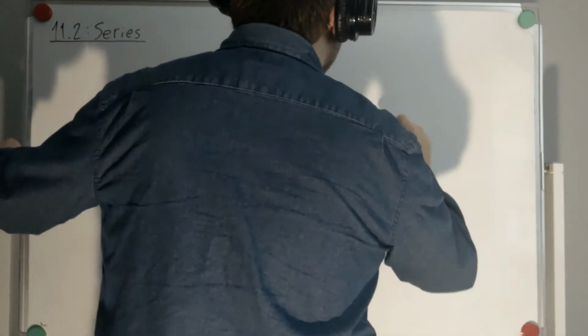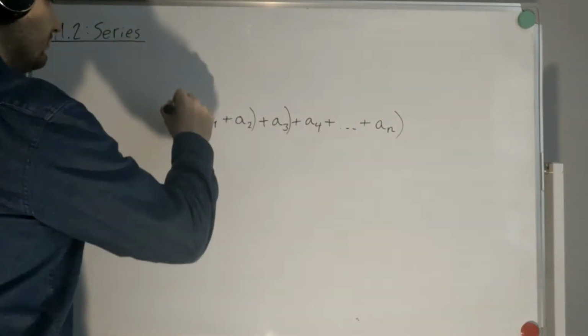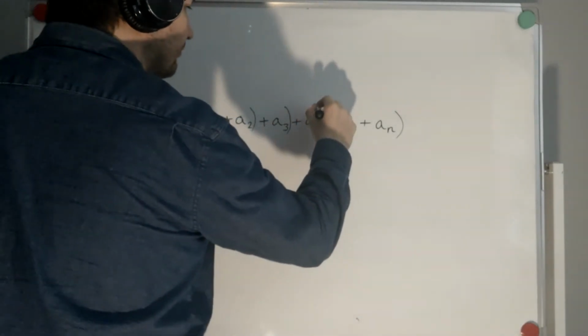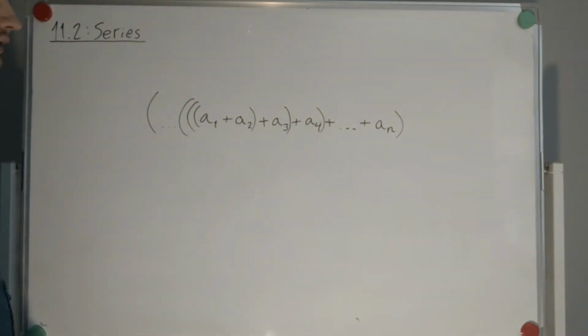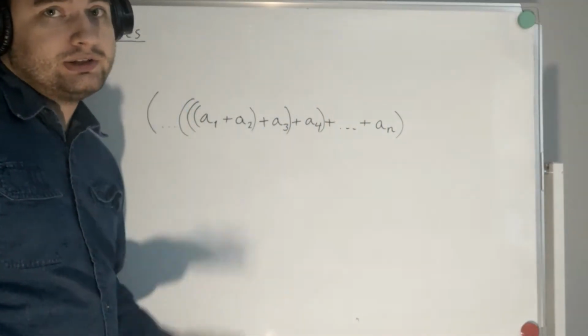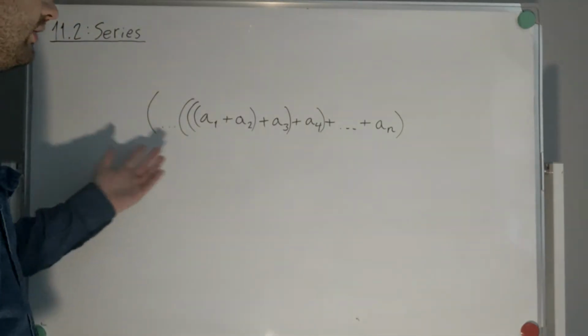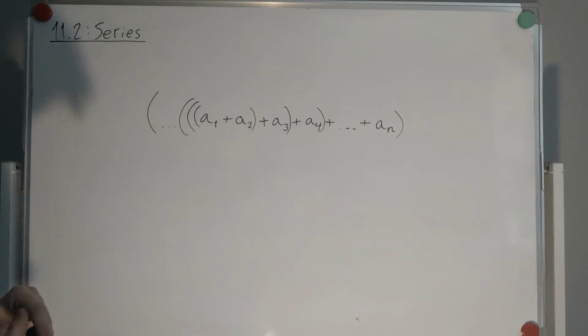So you can add up as many numbers as you want in this way. Okay? We just keep repeating this operation of addition, and in fact we don't even need these parentheses because by associativity of addition, well, they're all the same, right? Okay, so the sum of finitely many numbers, that makes sense.